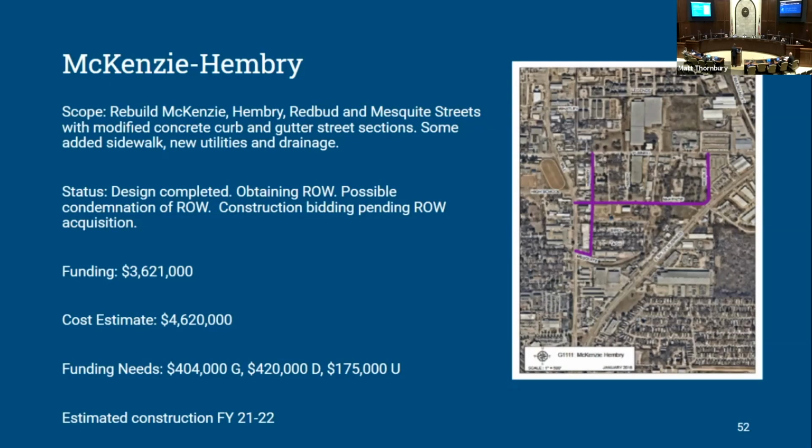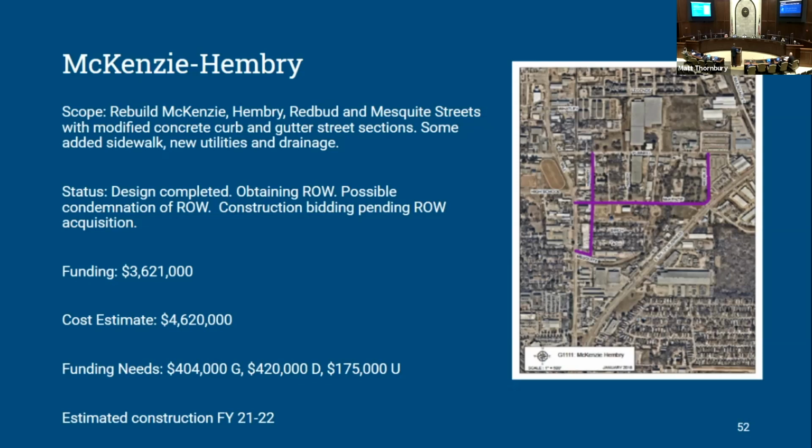The next project is our Mackenzie-Hembry project. It started out a little bit larger than it is now, but because of the inflation issues, we had to cut back on the number of streets we were doing. So we're doing the main streets through the subdivision. Even at that, we are a little bit short on the funding.